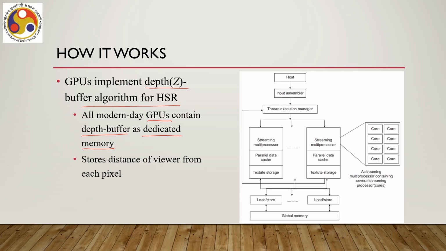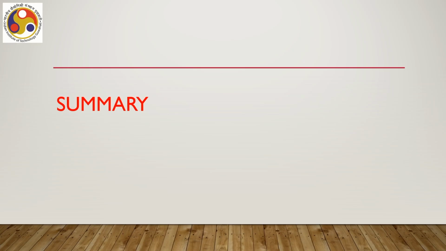Depth is with respect to the pixel. Now, this depth buffer memory stores distances of the viewer from each pixel. So, that is how the GPUs work, and as you can see, GPUs are designed to take care of inherent parallelism. All the components in the GPU are designed in that way, so that the operations can be applied parallelly on a large number of vertices simultaneously to speed up things.